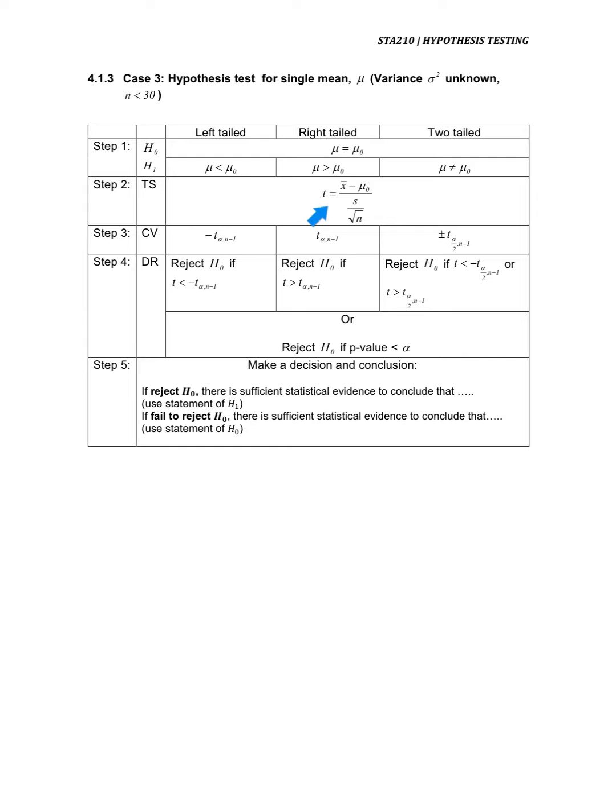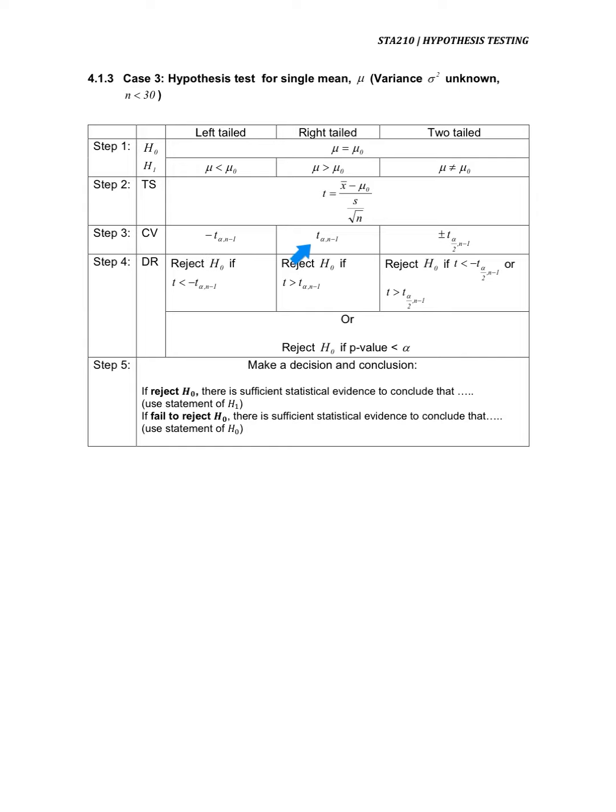So the test statistic formula is T equals x bar minus mu naught over s over square root of n. It is the same as case number 2, except that one was Z and this one is T. Your critical value for the left tail is negative t alpha, n minus 1.